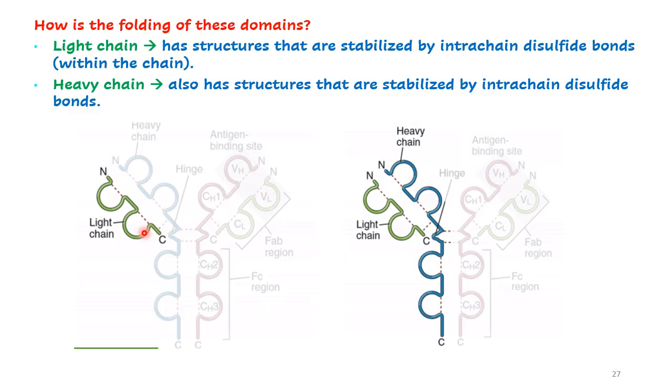Within this one chain, you also have disulfide bonds that are important for stabilizing the tertiary structure. So you have intrachain here, and interchain there and here. Then you look at your heavy chain, you also have intrachain disulfide bonds.